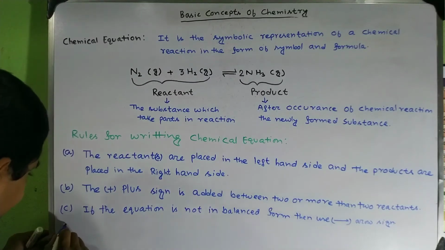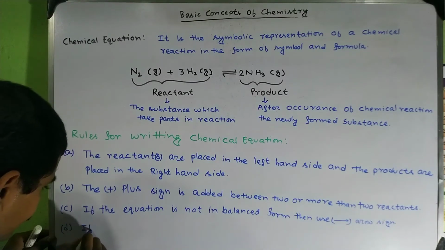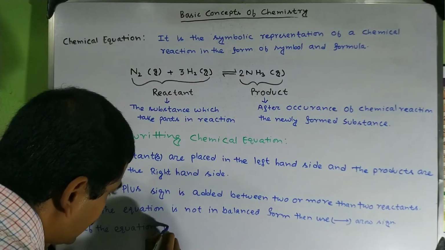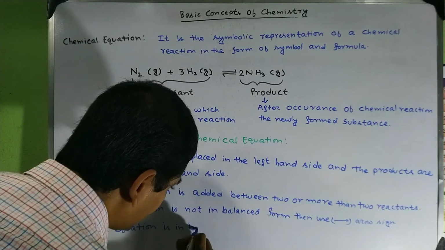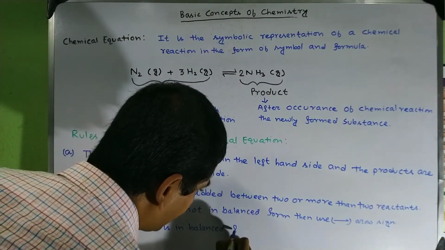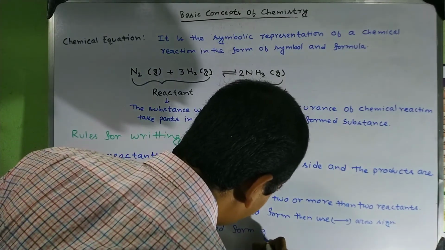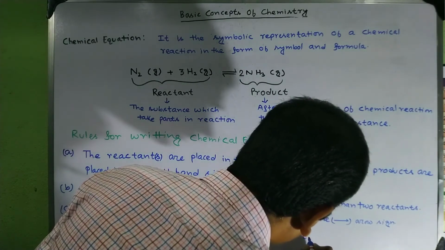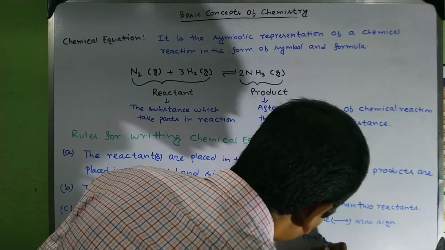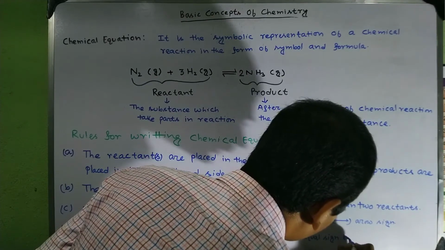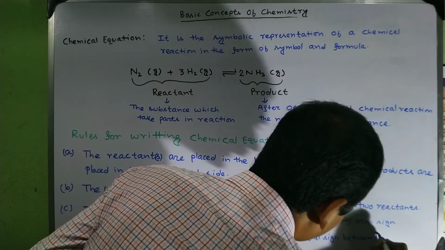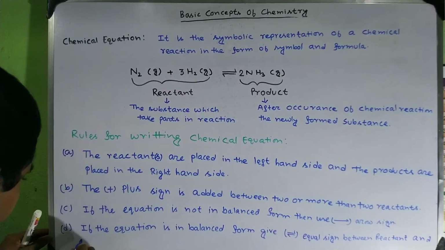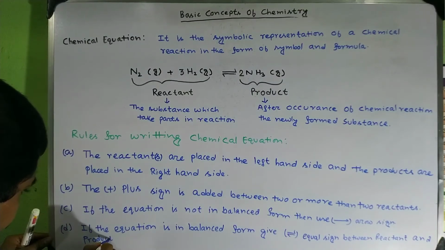Number 4, if the equation is in balanced form, give an equal sign between reactant and product. Okay.